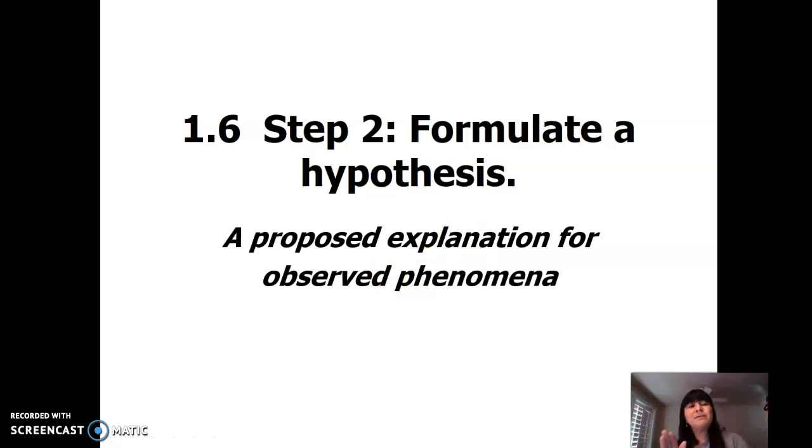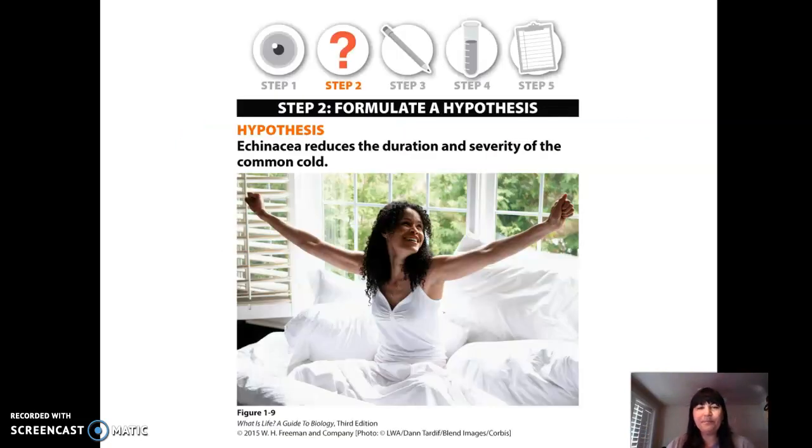Sometimes hypotheses are formatted in an if-then statement. So if I take echinacea, then I would reduce the intensity and duration of the cold. Okay. So echinacea reduces the duration and severity of the common cold.